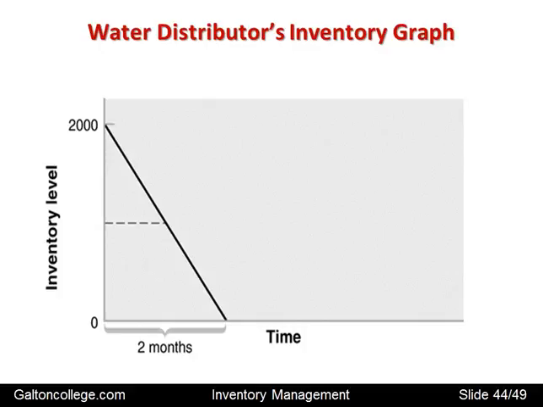So we have our inventory management. This could be anything, could be a water distribution inventory graph. We have a 2-month period, and the stock of water is running out over this period. It could be water in a reservoir even, and something needs to be done. We need to pipe in water from elsewhere.